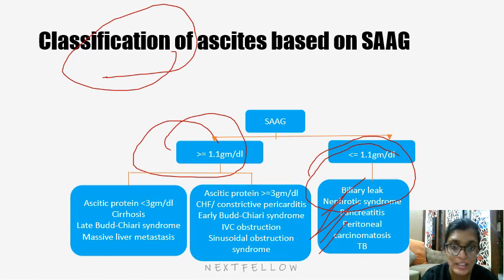If it is greater than 1.1, then you see the ascitic protein, which is less than 3 or more than or equal to 3. If it is more than or equal to 3, it is congestive heart failure, early Budd-Chiari syndrome, IVC obstruction, and sinusoidal obstruction syndrome. If it is less than 3 gram percent, it is cirrhosis, late Budd-Chiari syndrome, and massive liver metastasis.